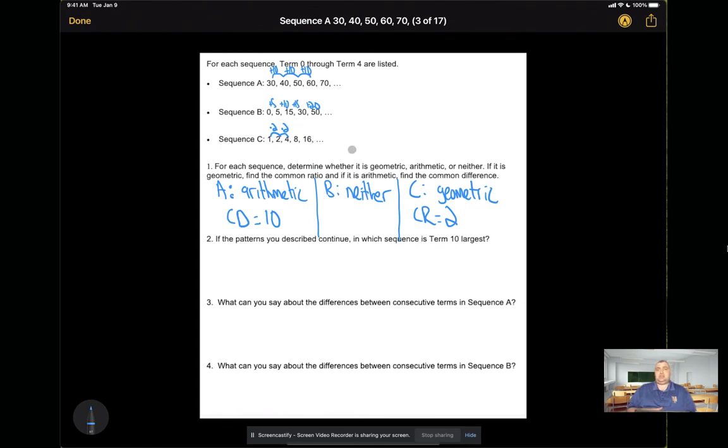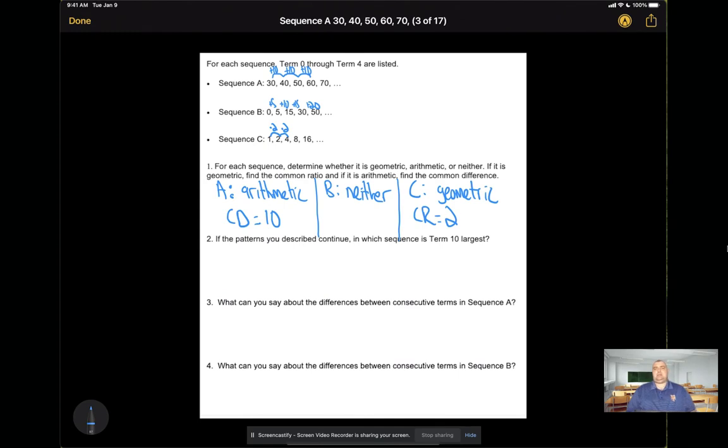The question is, which one is increasing at the faster rate? So if we think of the graphs, which type of graph increases more quickly? A linear graph or an exponential graph? And the answer is exponential. An exponential graph always increases at a faster rate.